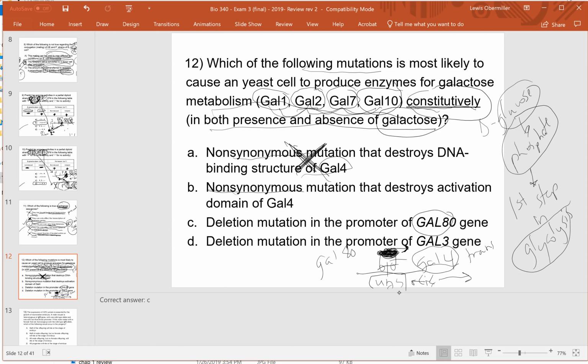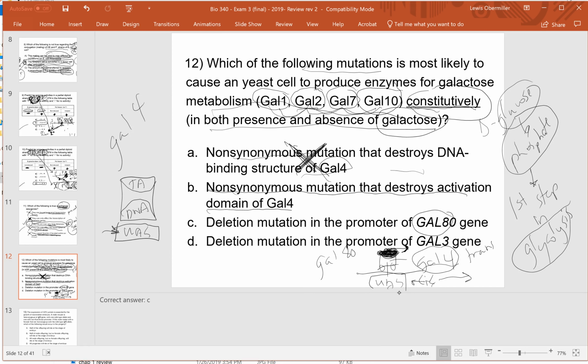A non-synonymous mutation that destroys the activation domain of GAL4. GAL4 has 2 domains. This is the DNA binding domain, and this is the transcriptional activating domain.